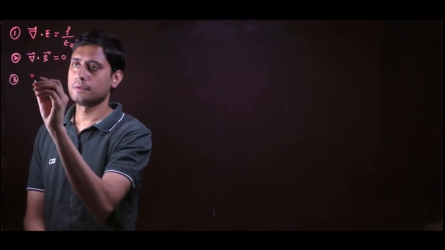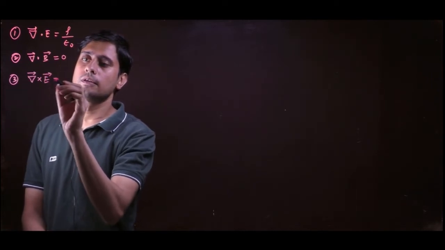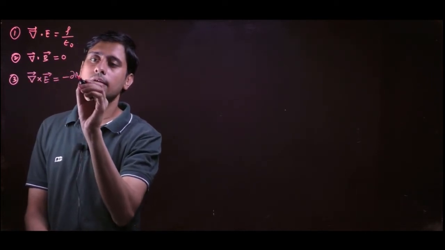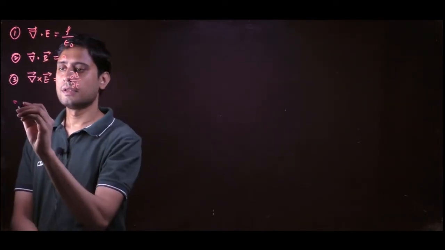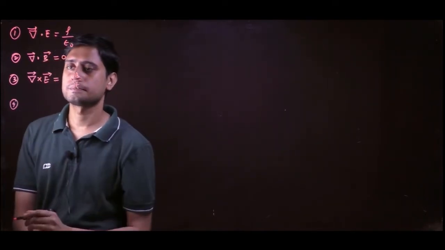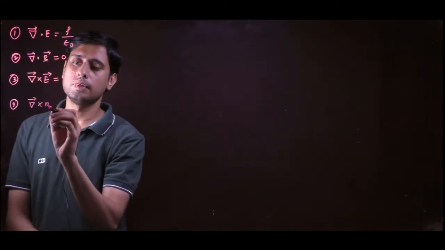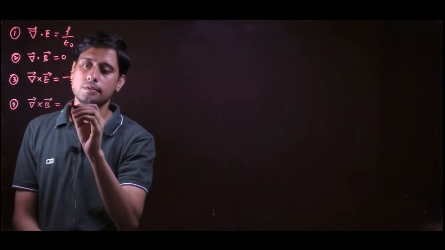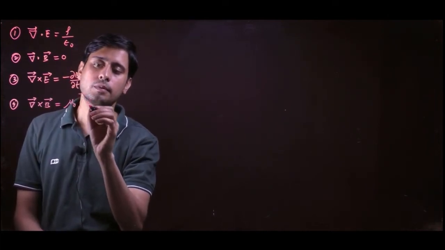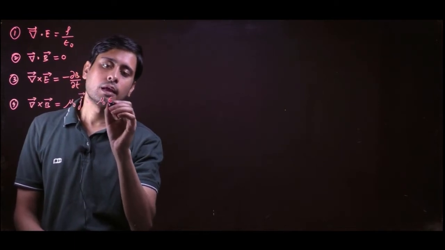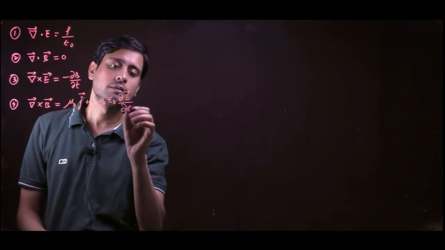Third is del cross E equals minus del B over del t, the Faraday law of induction. And the fourth is del cross B equals mu naught times J plus mu naught epsilon naught del E over del t.